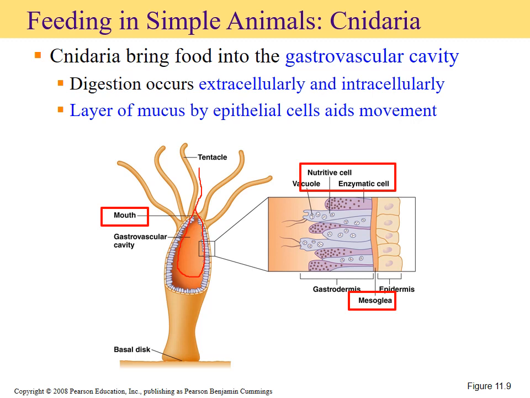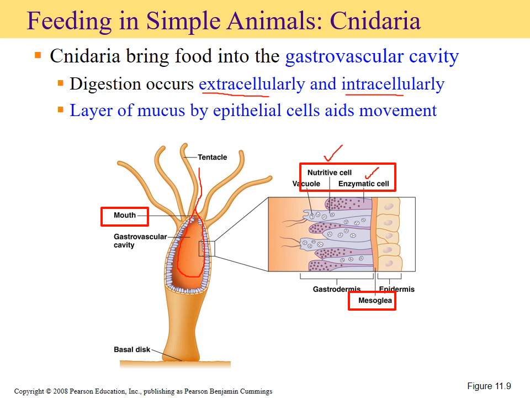Now, one thing that I want to point out to you is that when you look at your illustration, you're going to notice that they labeled for you the nutritive cells and the enzymatic cells. And the reason this is important to point out is because it turns out that your cnidaria, so your little hydra right there, can do both extracellular and intracellular digestion.